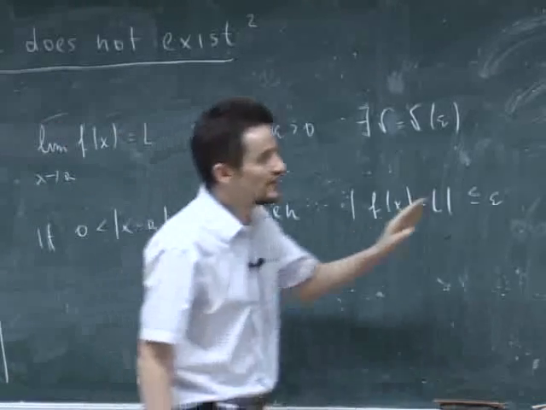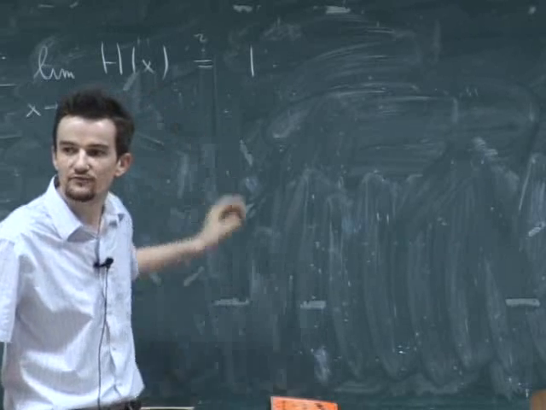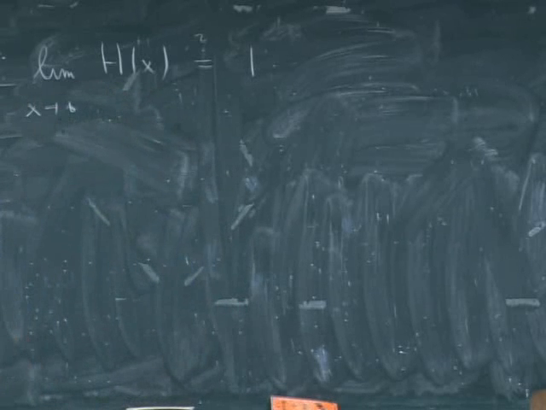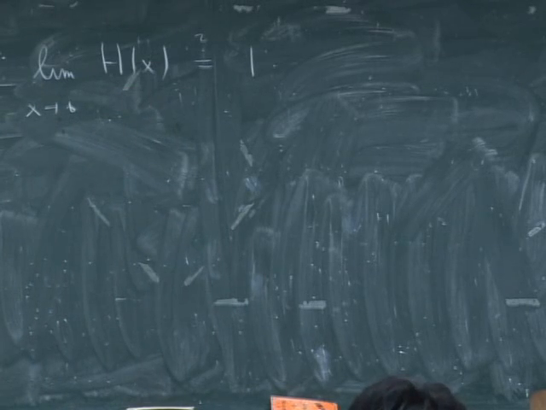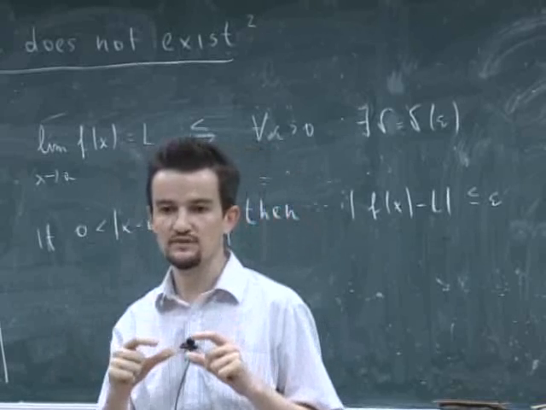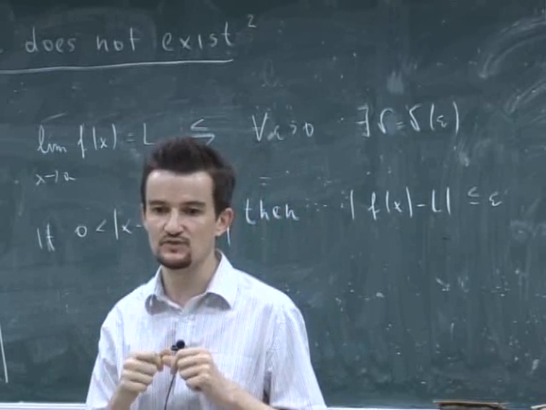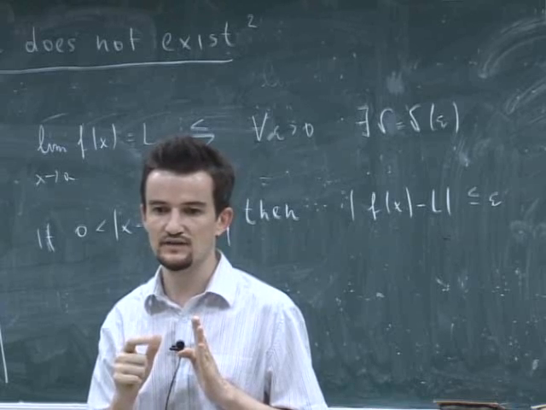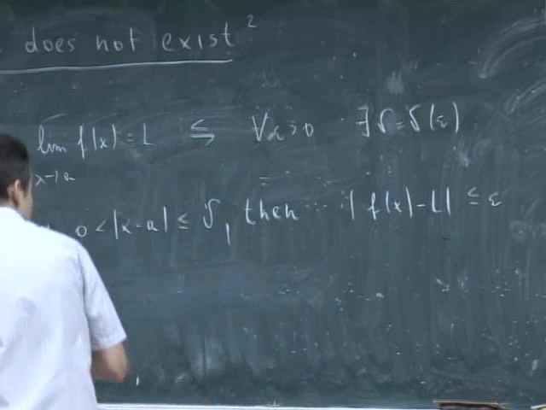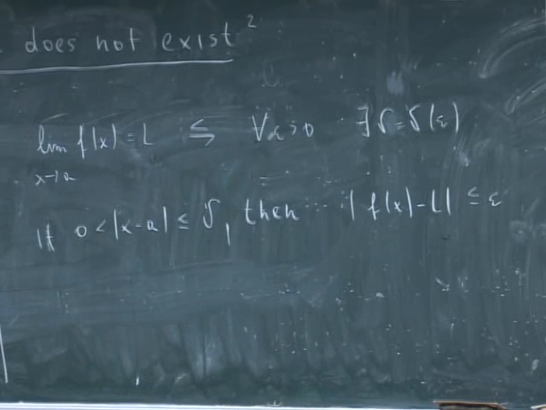So now what you have to show, if you want to prove that this does not hold, is that you have to give me one epsilon such that no matter how small you make delta, there are always x which are mapped outside the epsilon strip. One such epsilon which violates this condition is enough. Now, in this case, maybe some of you can easily guess what is the epsilon.